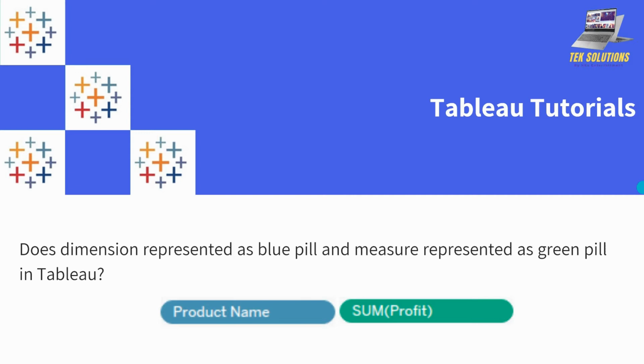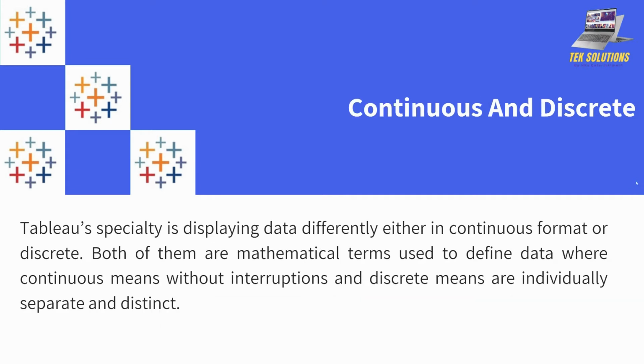Okay, so let's see the next one, where we will try to understand what is continuous and discrete, so that then we can understand how this blue and green pill are represented. Tableau's specialty is displaying data differently, either in a continuous format or in a discrete one.